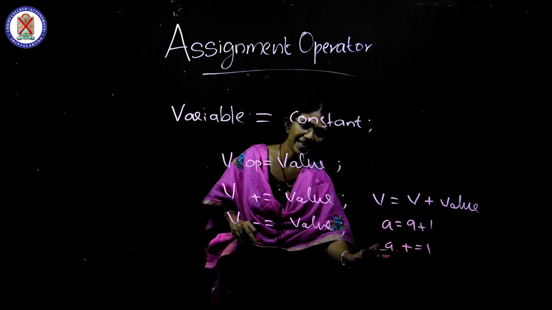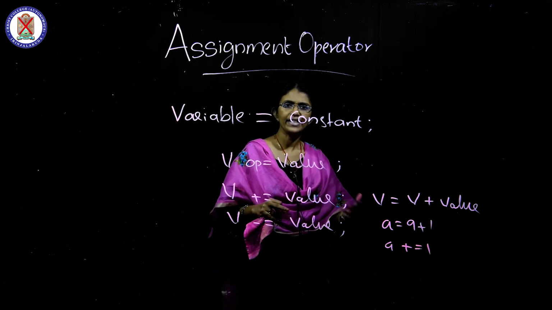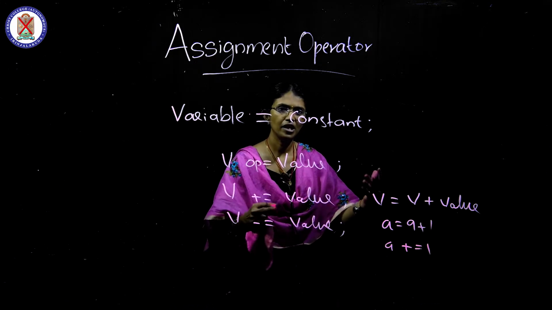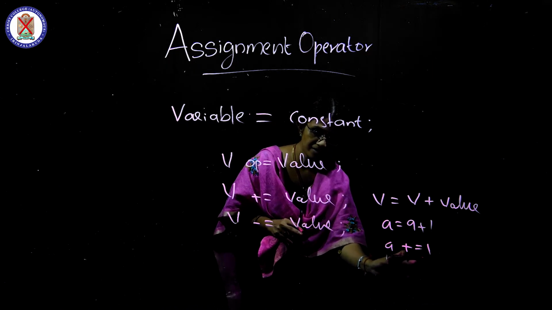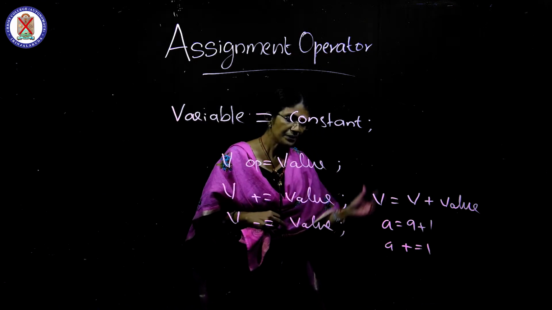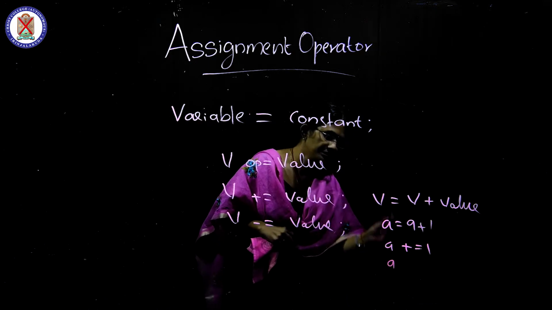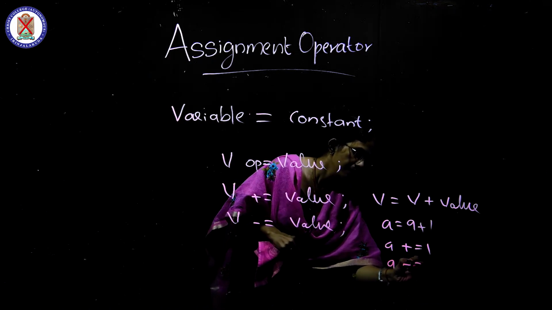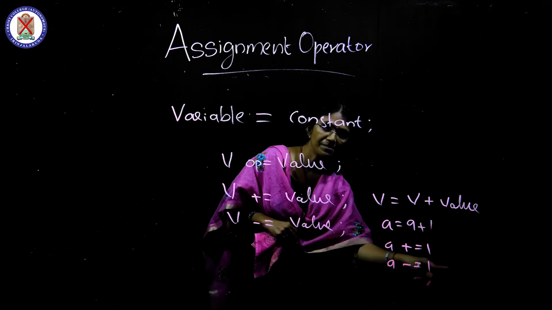It means a equals a plus 1. By writing this, we make it easy, and it becomes more precise and concise. This is the example for the plus assignment operator. Like this we can write minus assignment, which means a equals a minus 1.